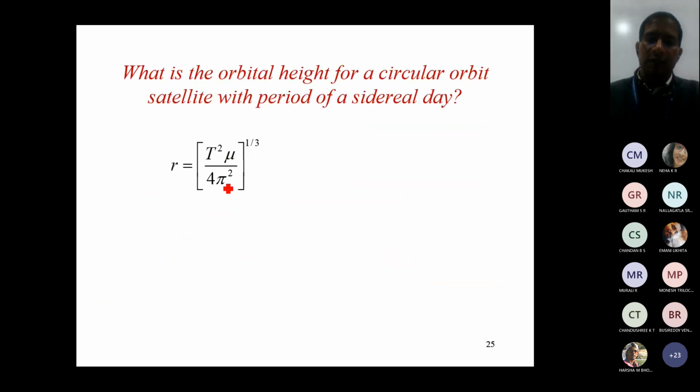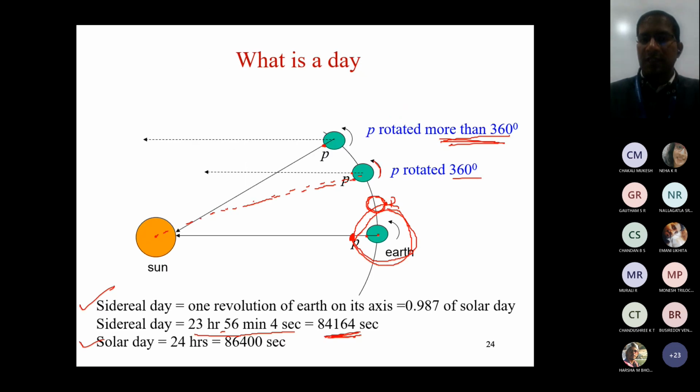Now use this equation. So the question is, what is the orbital height of a circular orbit satellite with a period of a sidereal day? Okay, come back to the previous slide.